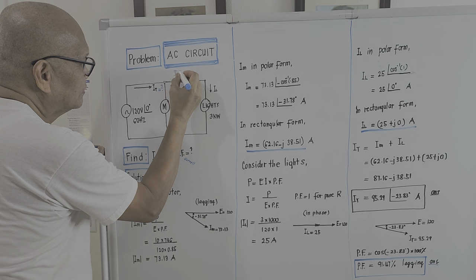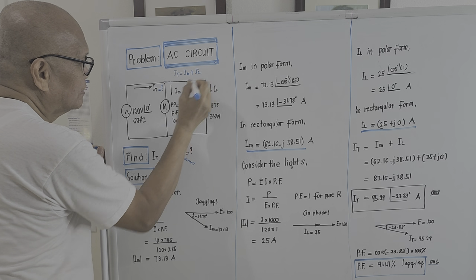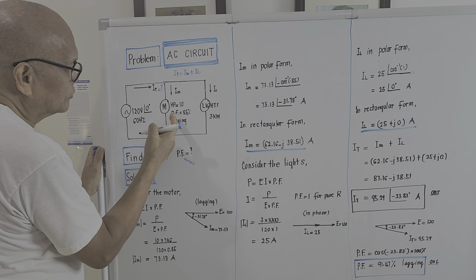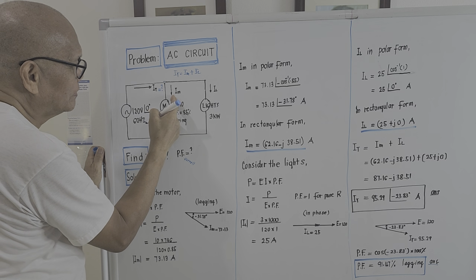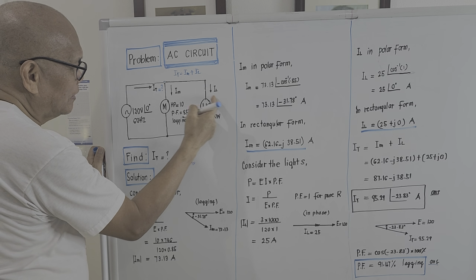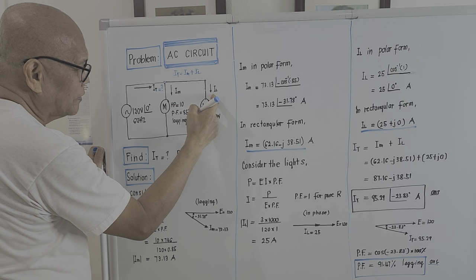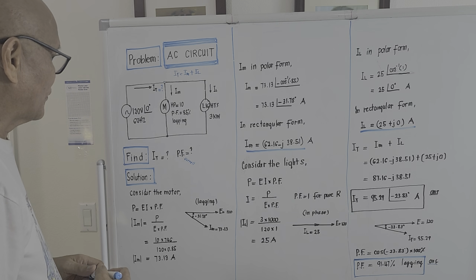Total current should be equal to I sub M plus I sub L. The total current coming from the voltage source due to this motor load and lighting load will be the sum of I sub M plus I sub L. I sub M is the motor load current, and I sub L is the lighting load current. Okay, let's try to bring out the solution.